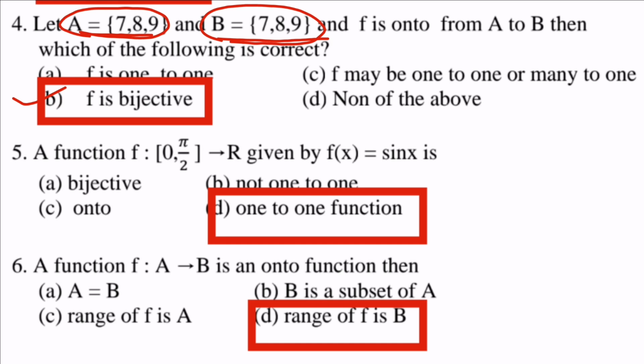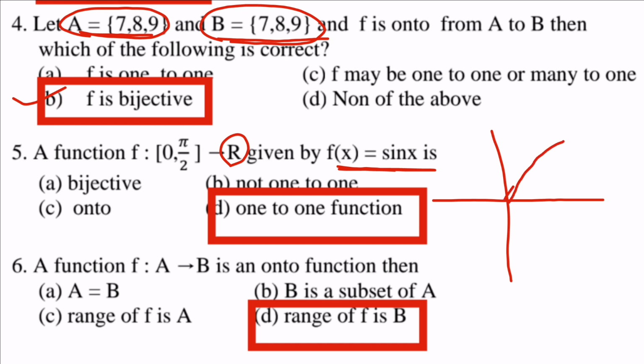MCQs 5. A function f is defined from the interval [0, pi/2] to the set of real numbers given by f of x is equal to sin x, then which of the following is true? So in this case, the graph of the sin function will be like this.